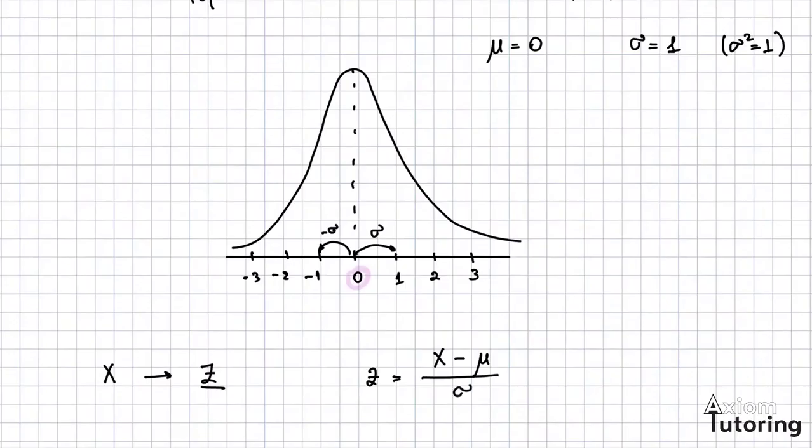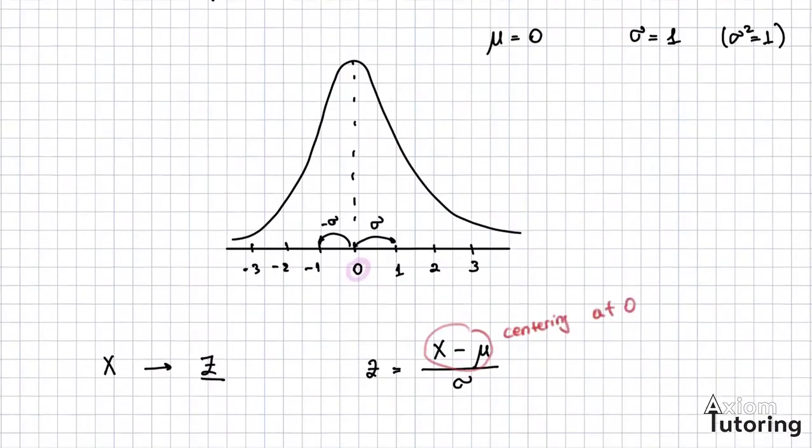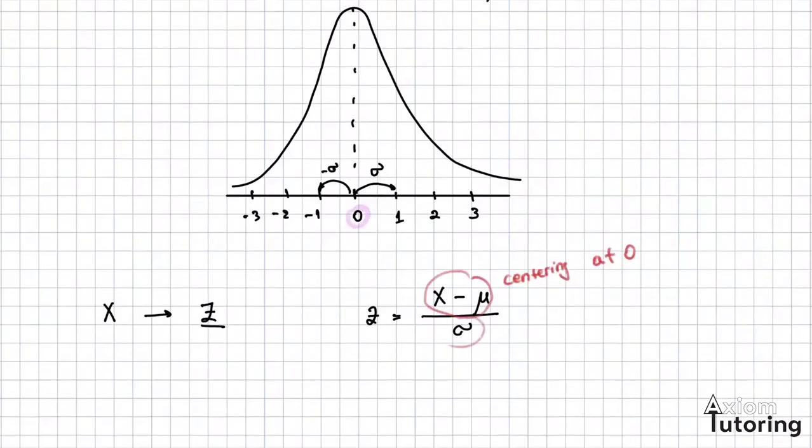Okay, this will not change the shape, it only changes the units. So keep in mind, this part of the computation is centering at 0, and dividing by the standard deviation, you're scaling it, which also means that this is where you're changing units. Okay? After standardizing, you can use the same probability table for everything.